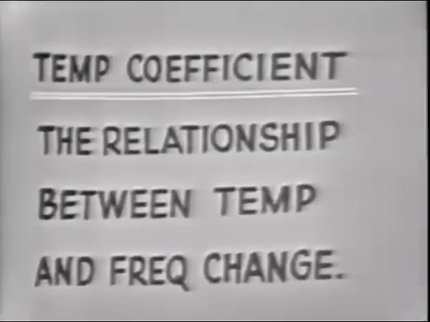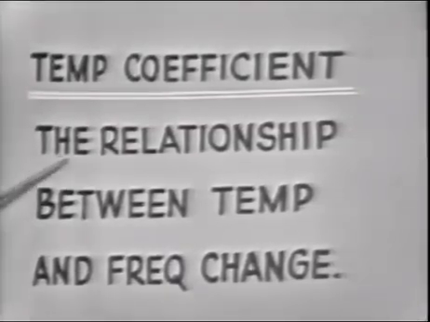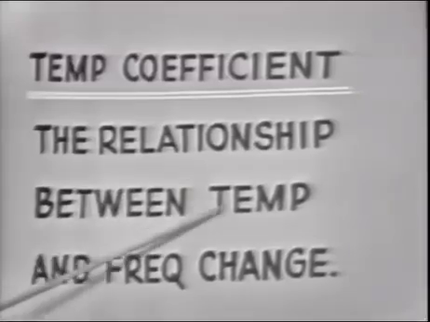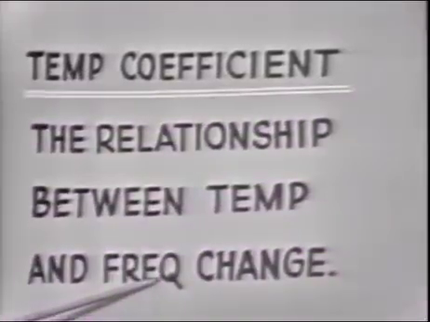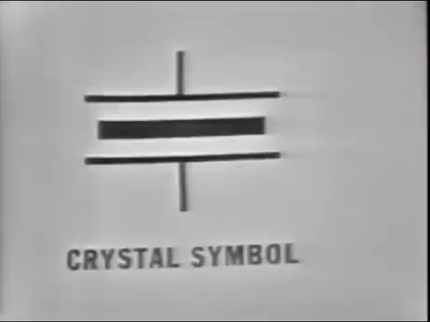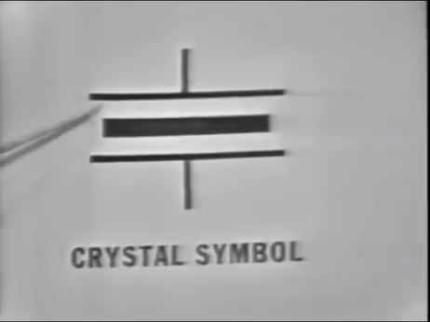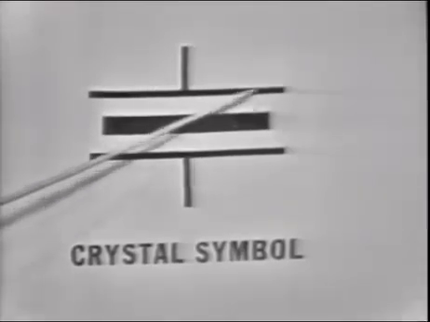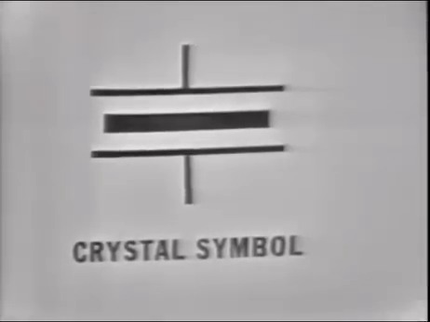And then we defined temperature coefficient as the relationship between a temperature change and a frequency change. And then we gave you the schematic symbol for a crystal. This represented the crystal holder, this the crystal itself.